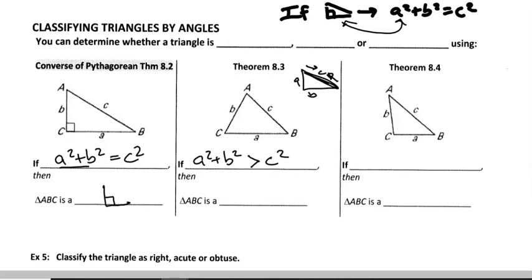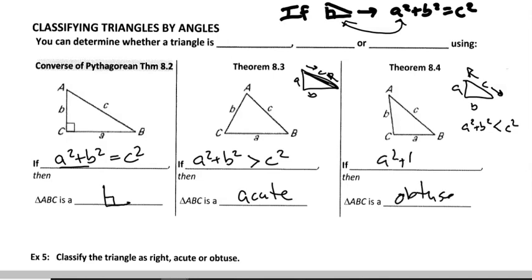Would it become obtuse or acute? Acute. And then imagine this, instead of a squared plus b squared equaling c squared, imagine if the c squared part got bigger, aka c got bigger, then what does that do? Does that make it obtuse or acute? Makes it obtuse.